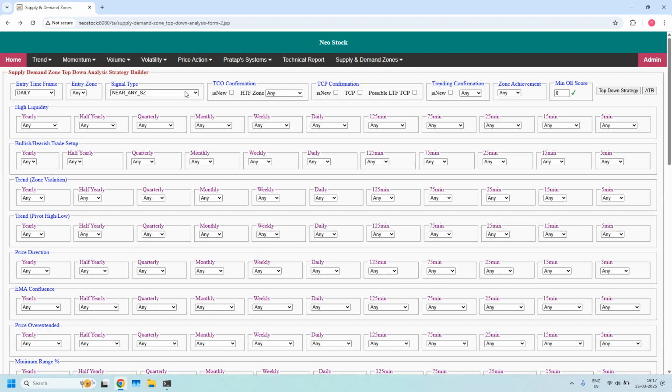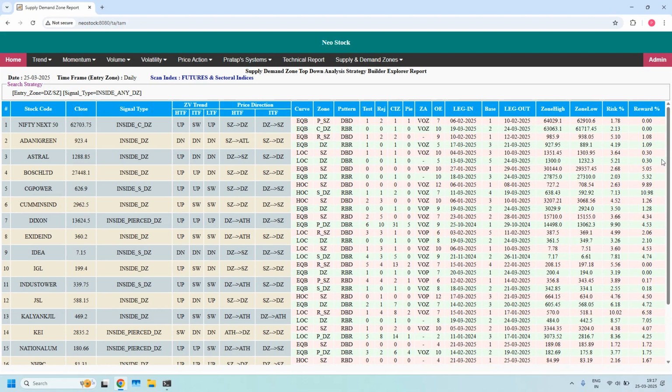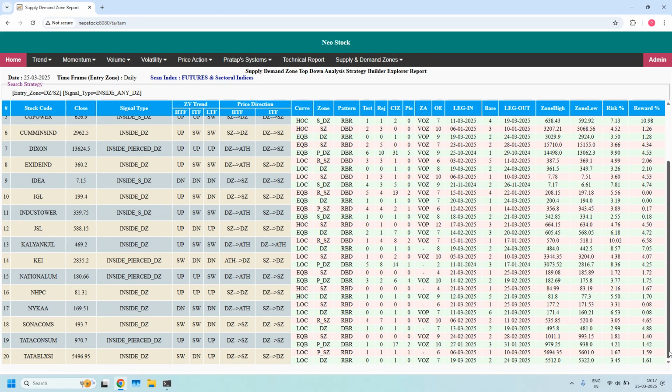Okay, next. Price closed inside the daily demand zone. We got 20 stocks. First 15 stocks in the list. Scrolling the list down. Total 20 stocks.